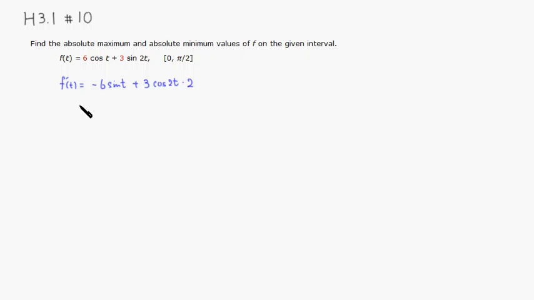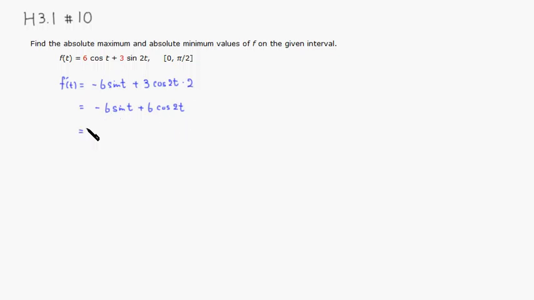So you would have negative 6 sine of t plus 6 cosine of 2t.